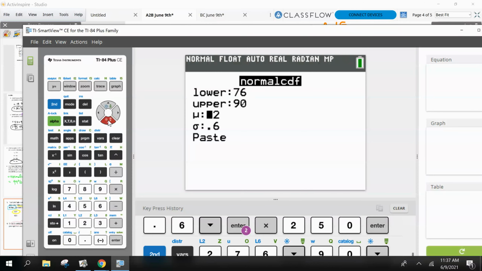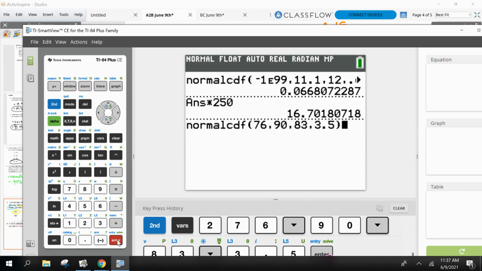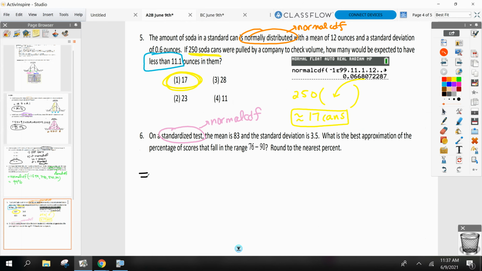And then you guys can take the mean and the standard deviation right from the problem. Make sure after you hit paste, that's the work you're going to show, because this is not multiple choice. So please write that down because that counts as your work.